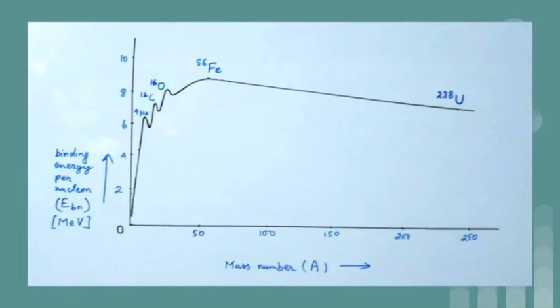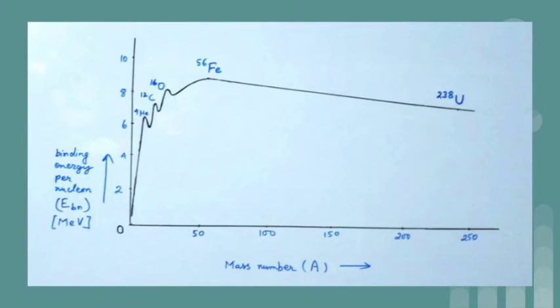In the range from 30 to 120, the binding energy curve corresponds to average binding energy per nucleon, which is equal to 8.5 mega electron volt. The maximum or peak value of the curve corresponds to mass number 56, that is iron 56, for which the value of binding energy per nucleon is 8.8 mega electron volt. Iron has the most stable nucleus.